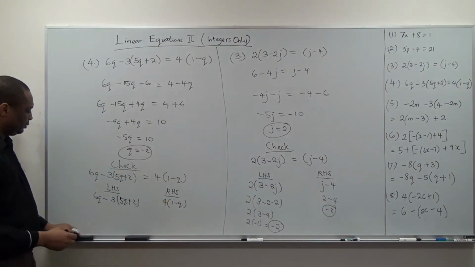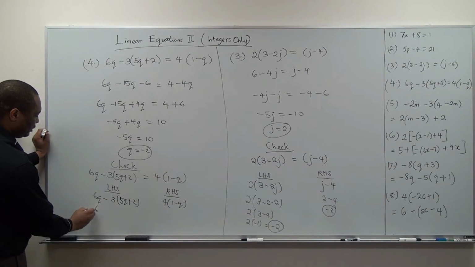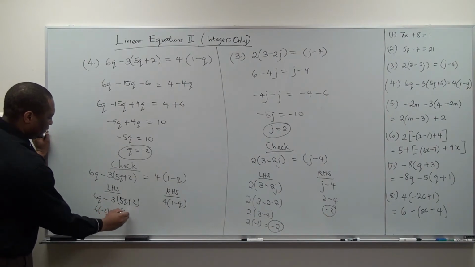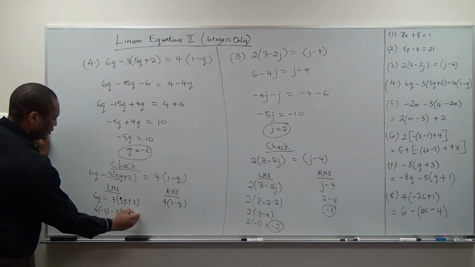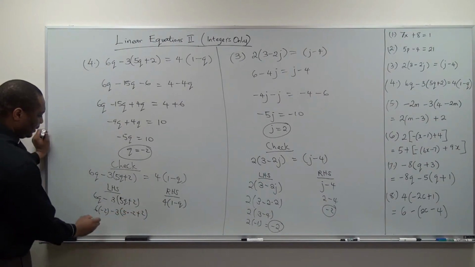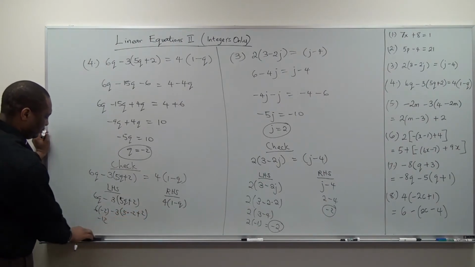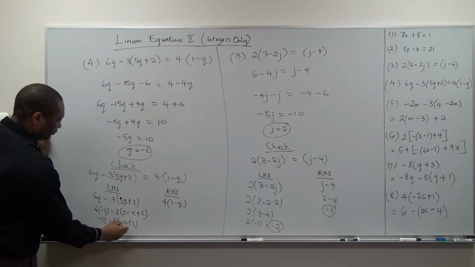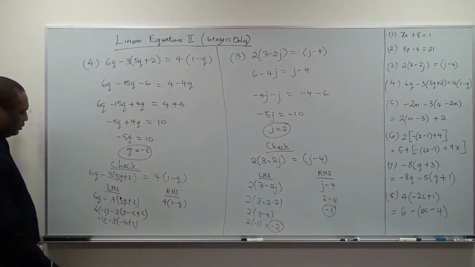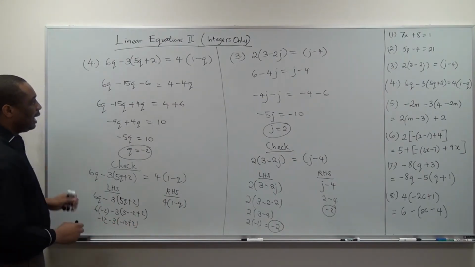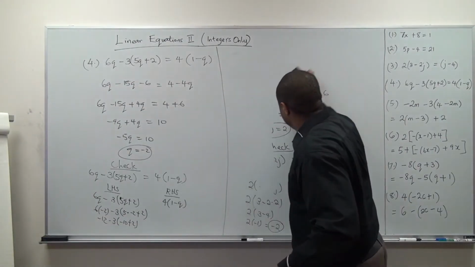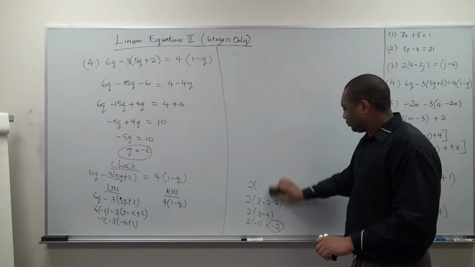So we just substitute. Q is negative 2, so this is 6 times negative 2 minus 3 into 5 times negative 2 plus 2. So this is negative 12 minus 3 into negative 10 plus 2. And this will give you, I think I have to just come over to this side and check and finish the check so that you see it very well.